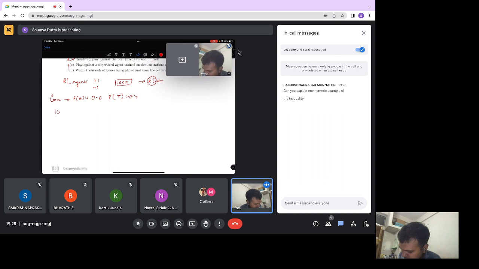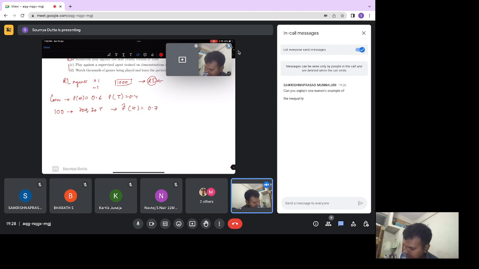Let's say you have tossed this coin 100 times, and you get something like, let's say, 70 heads and 30 tails. Based on this, your estimated probability of head would be 0.7.